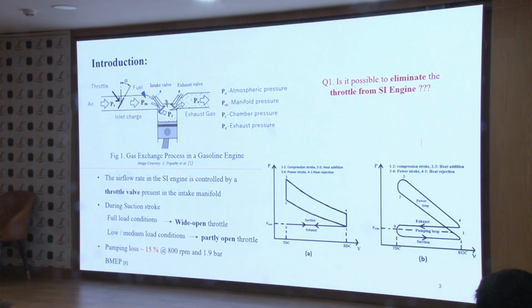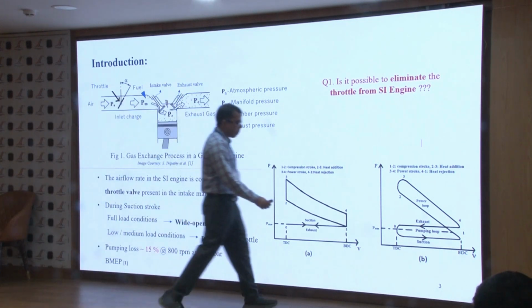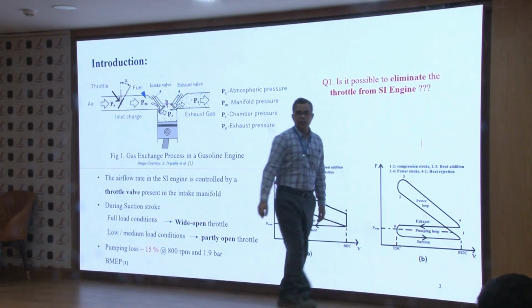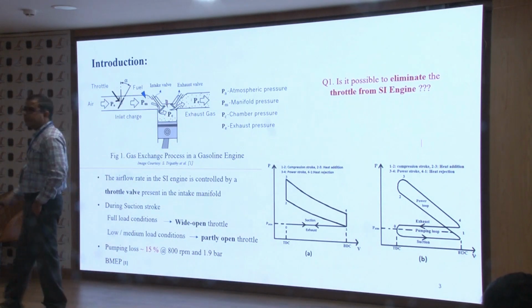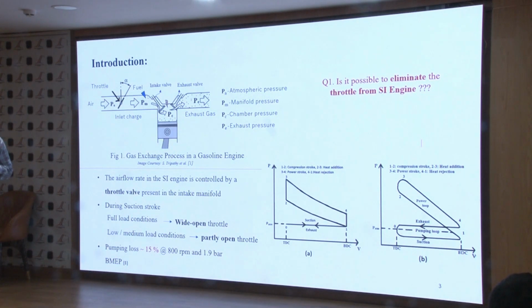This pumping loss is the negative work. How can we eliminate it, so that most of this energy can be transferred from negative work done to positive work done? So the question comes to our mind: is it possible to eliminate the throttle from the SI engine?